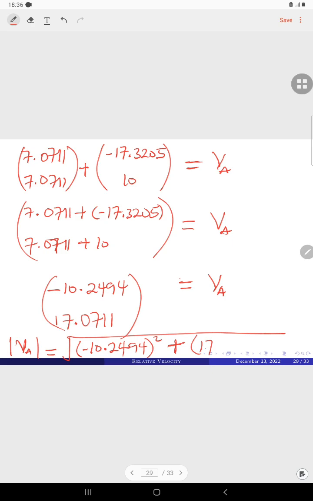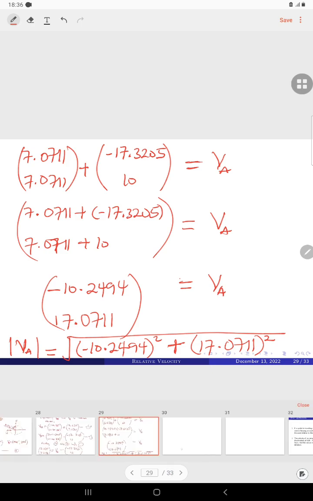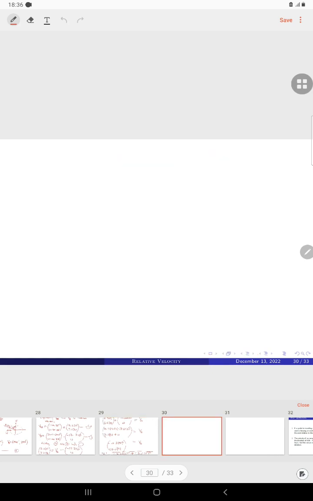Plus, right? So let's go. By simplification, we will get the velocity, the magnitude of VA to be 19.912 to 3 decimal places.